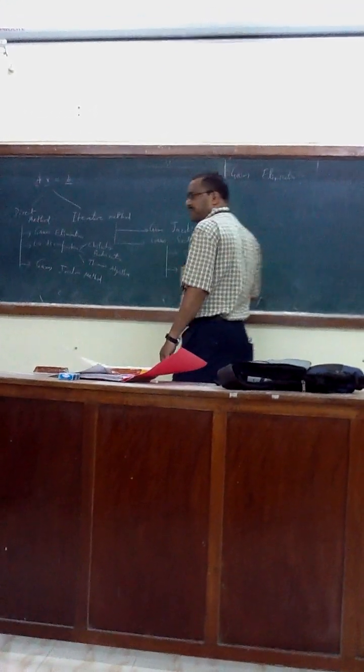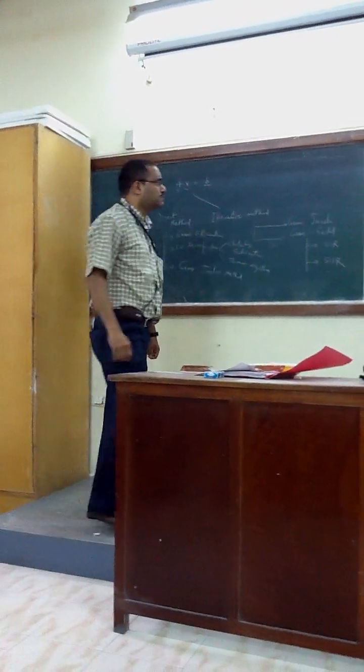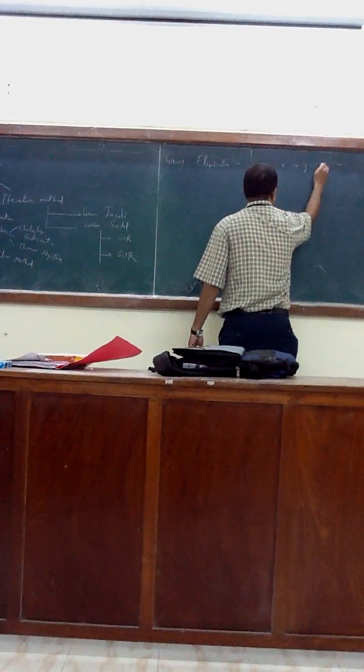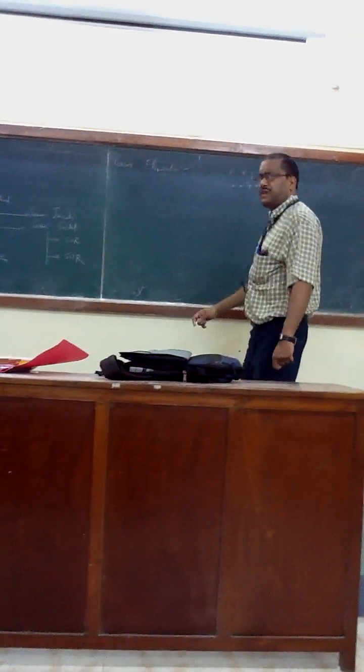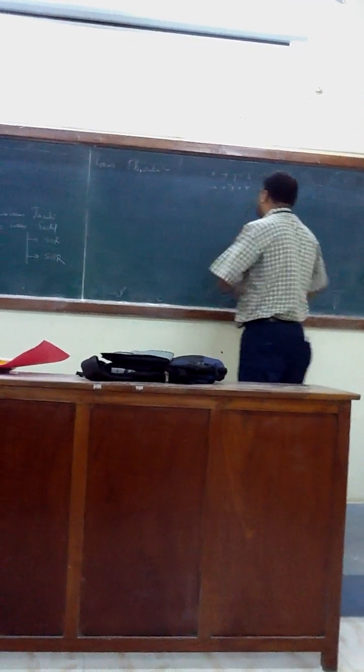Any idea? Gauss elimination we have learned at school level, in 7th standard. In 7th or 8th standard, when we first learned algebra, we were asked to solve these equations.